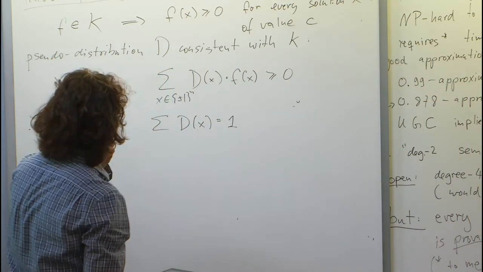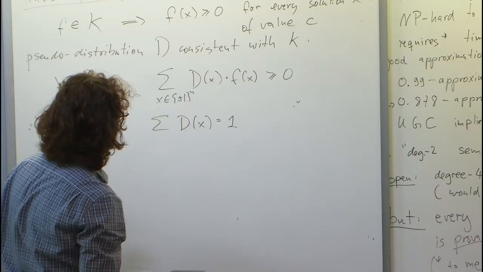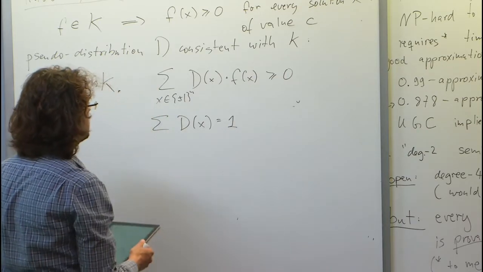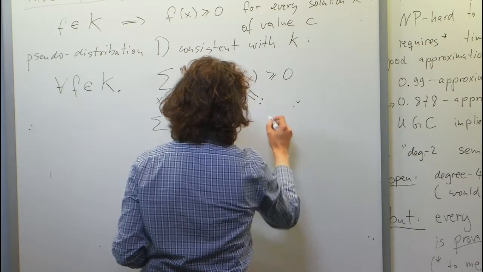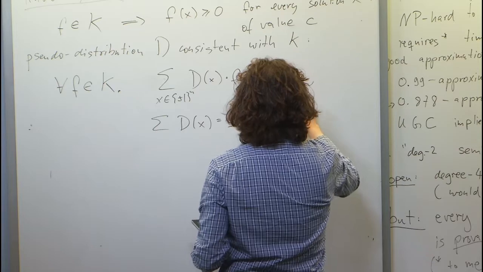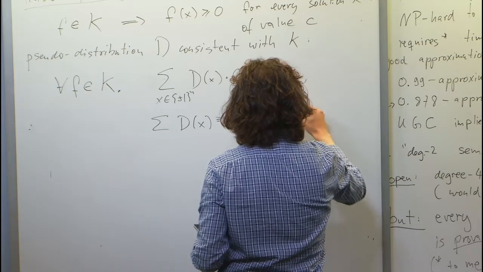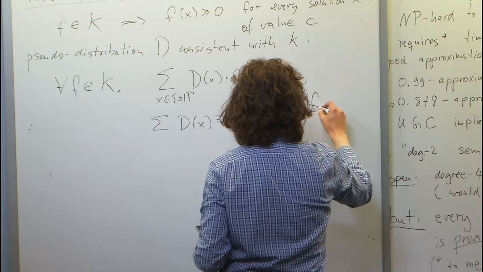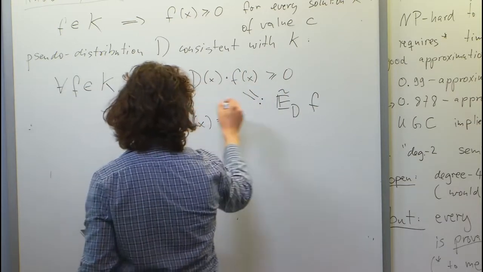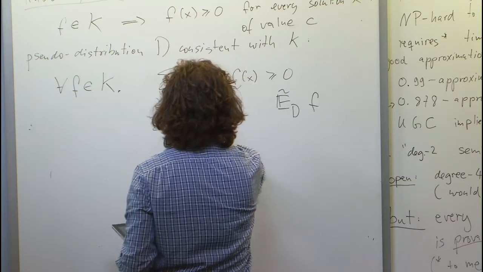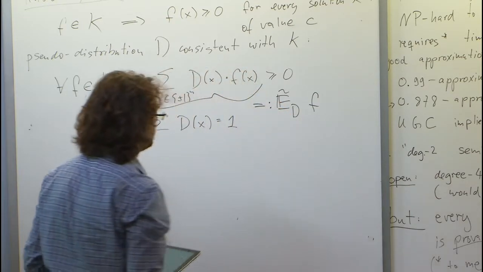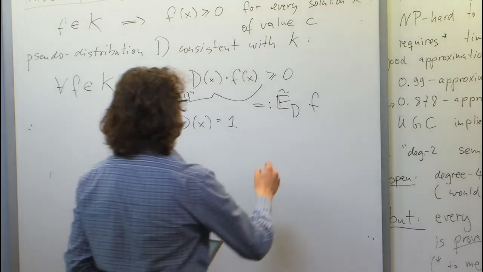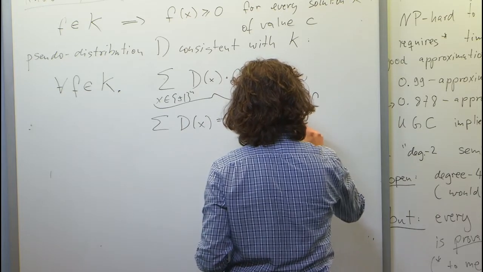It gets old to write these sums, so we will give this a name and a notation. This summation for any function f we will denote in this way, and we will refer to it as the pseudo expectation.